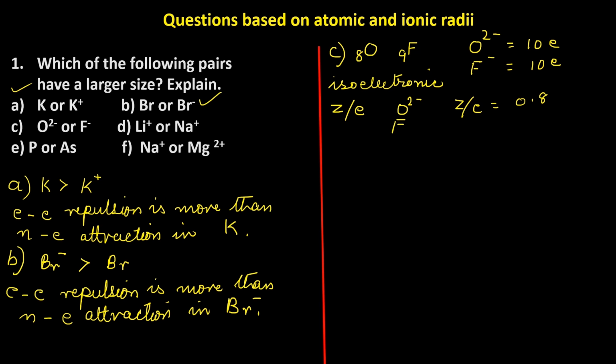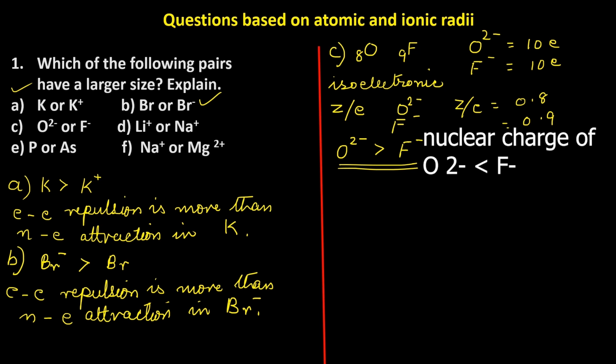And for fluoride ion, it will be 9 divided by 10. That will be 0.9. So obviously O2- ion will be bigger than the fluoride ion. Reason is nuclear charge of oxygen 2- is less than that of fluoride ion.